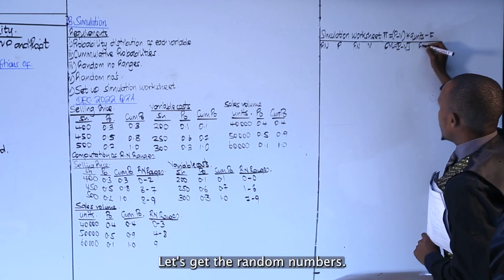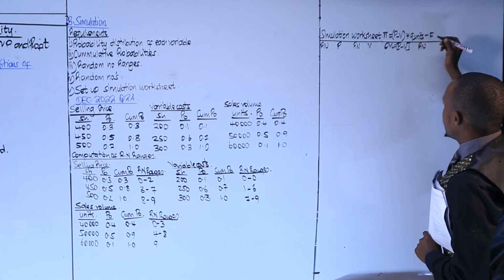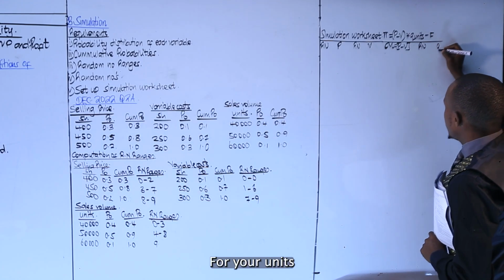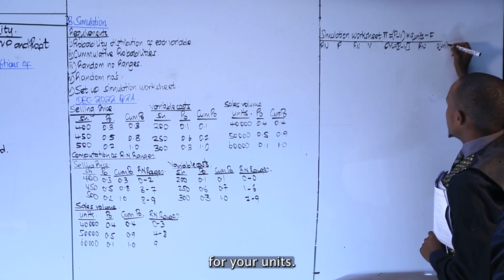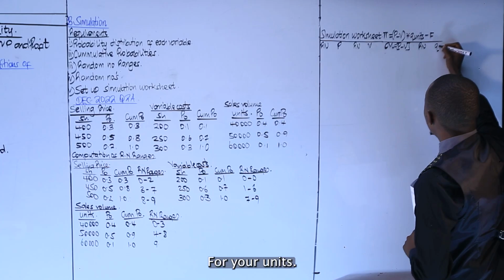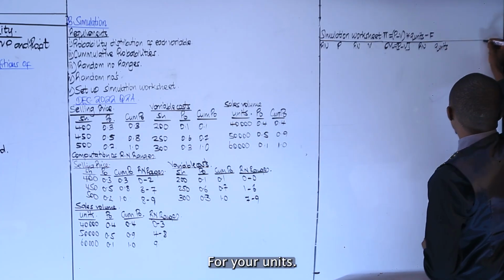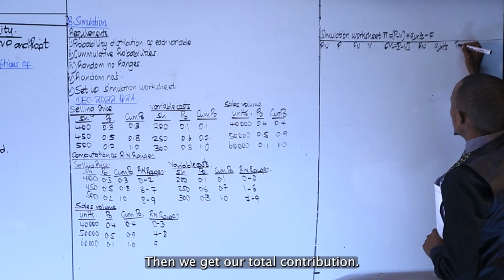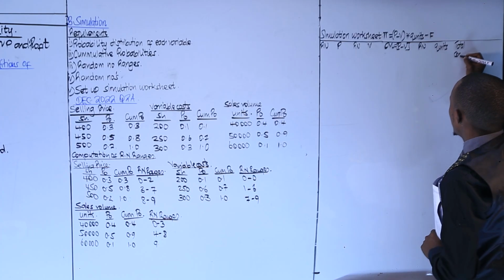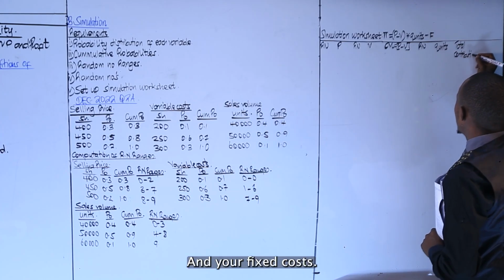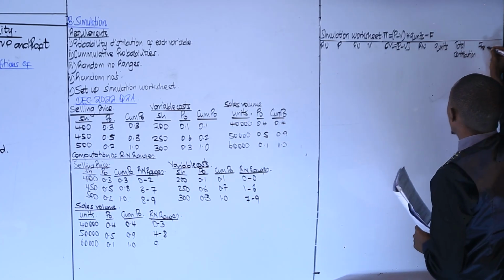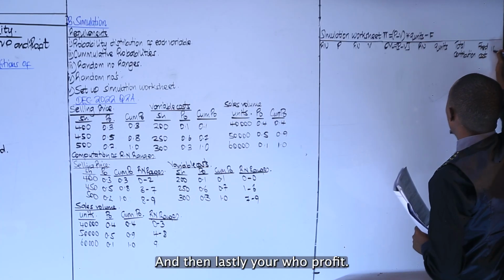Let's get the random numbers for your units, then we get our total contribution and your fixed costs, and then lastly your profit.